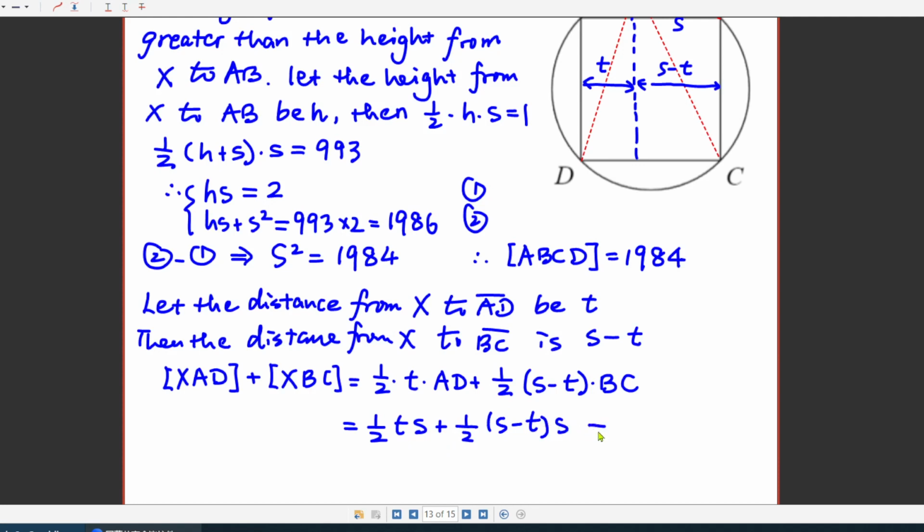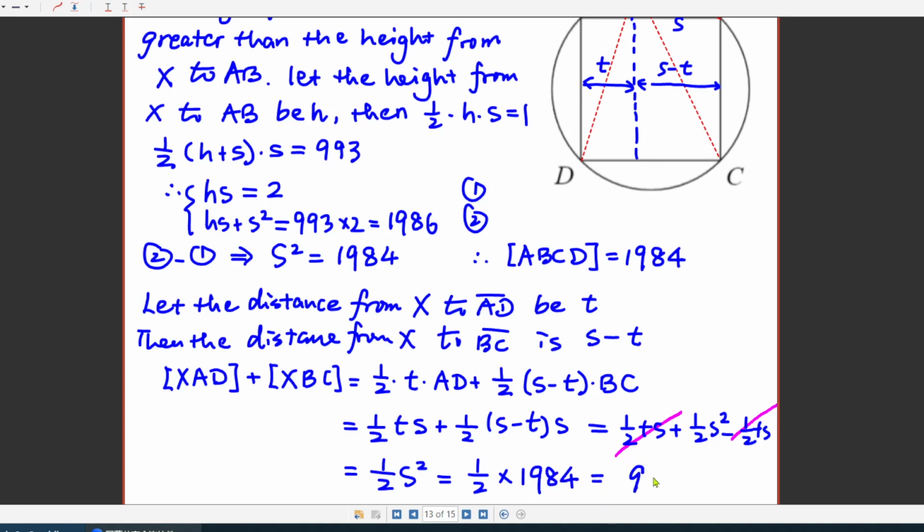Which can be simplified to 1/2 TS plus 1/2 S squared minus 1/2 TS. And actually we can cancel the 2 terms here. So this gives us just 1/2 of S squared. And we already know S squared here. Then that's 1/2 of 1984, right? And that area is 992.